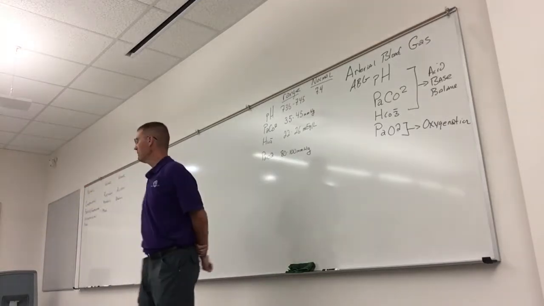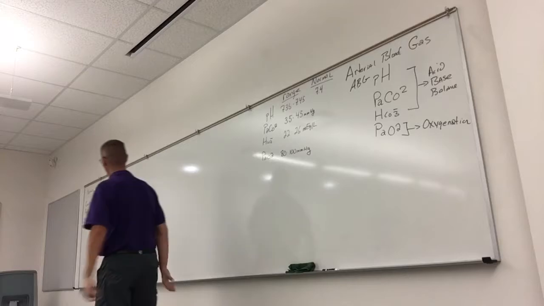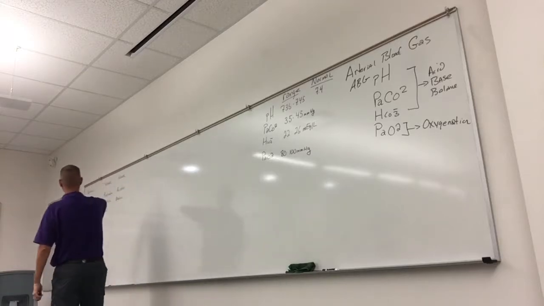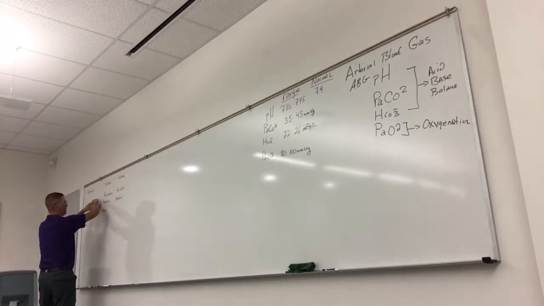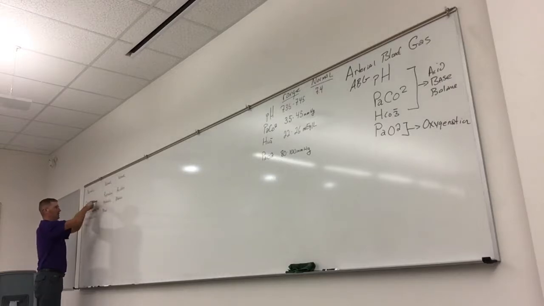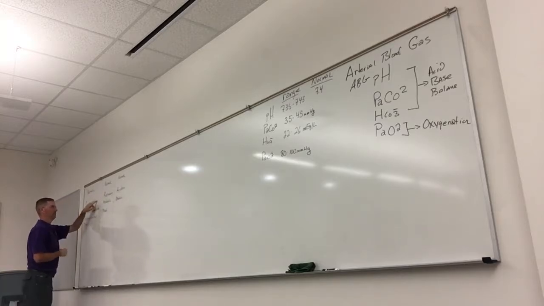Okay, so these are the names that we can assign. We can either have a normal ABG, we can have a compensated respiratory acidosis, compensated respiratory alkalosis, a compensated metabolic acidosis, a compensated metabolic alkalosis, right?